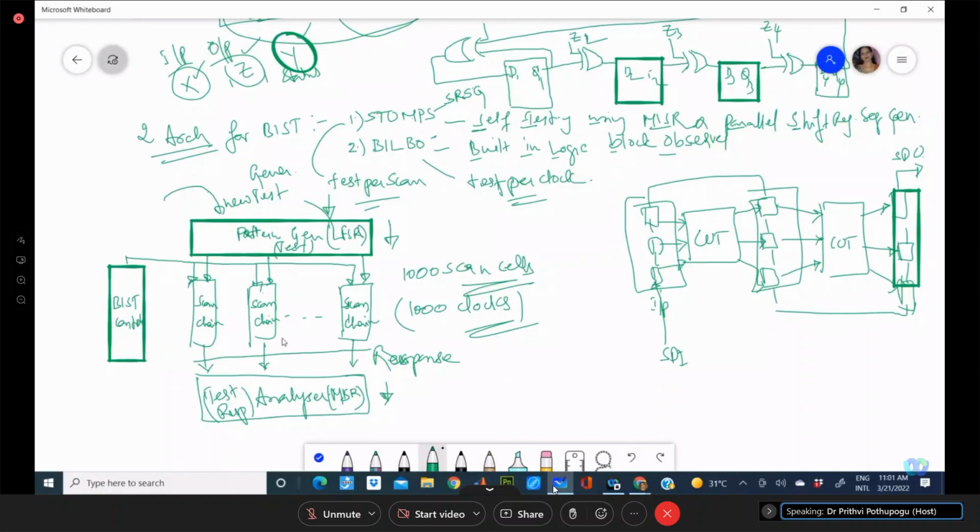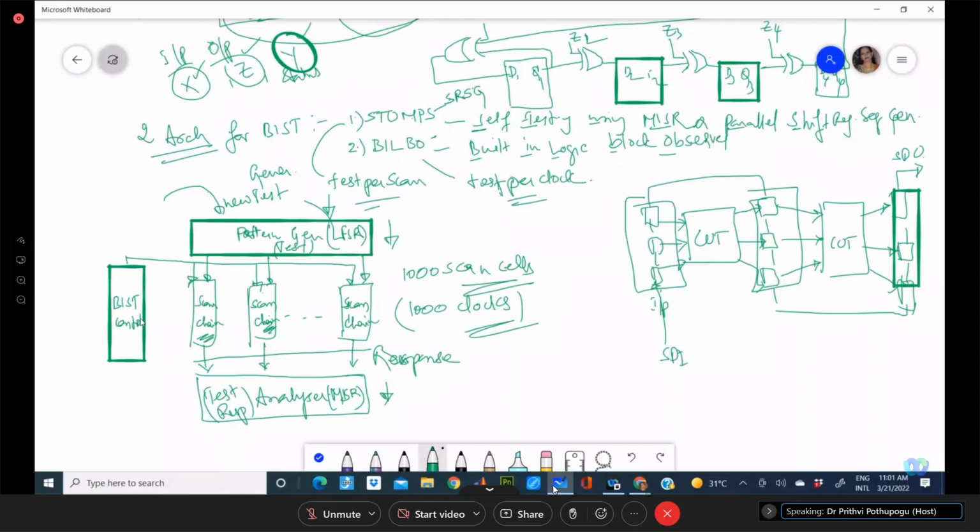That means here we are saying chain in a loose form, but this chain can have different numbers of boundary scan cells. Here you can have 5, here you can have 10, 15. It depends on how much space you have, you are accommodating that number of flip-flops there, the boundary scan cells.